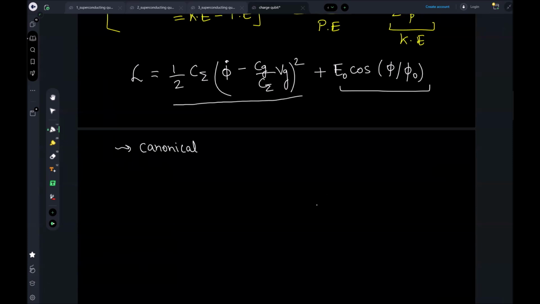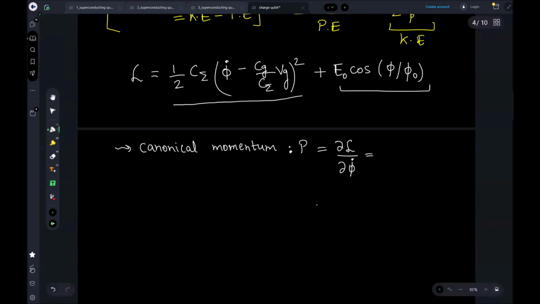Now, next, I'm going to write the canonical momentum. I'm going to denote it by uppercase P. And this is just the derivative of the Lagrangian with respect to the rate of change of flux.